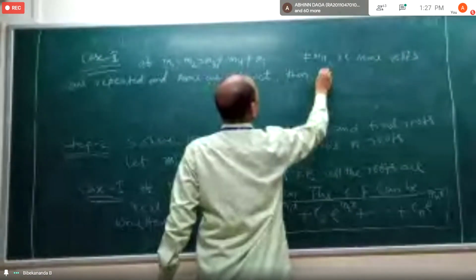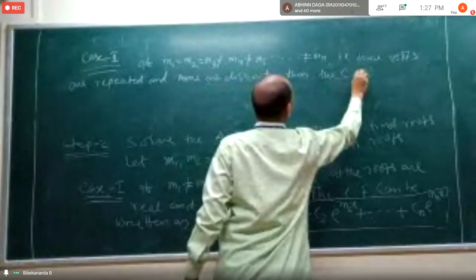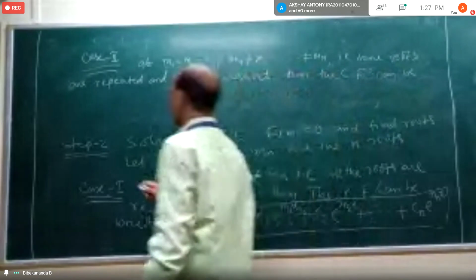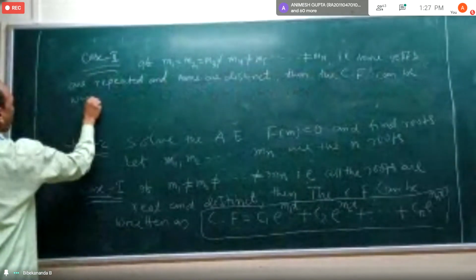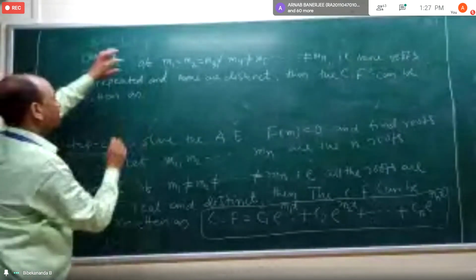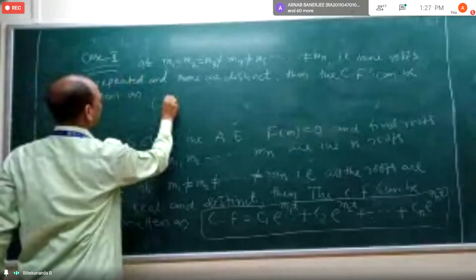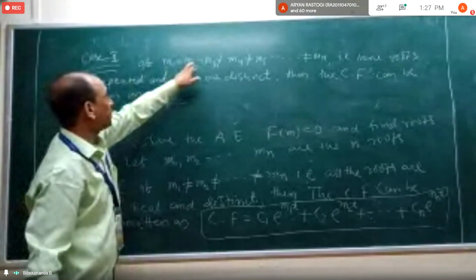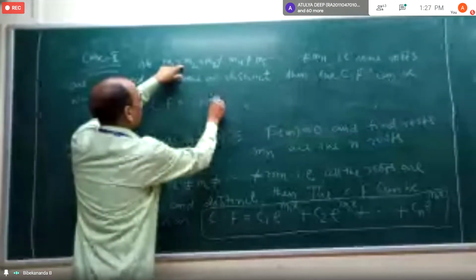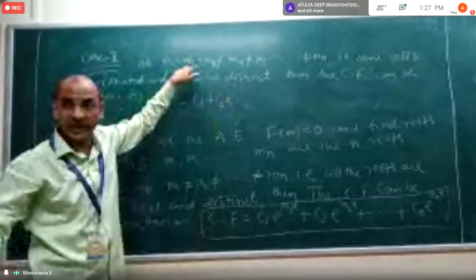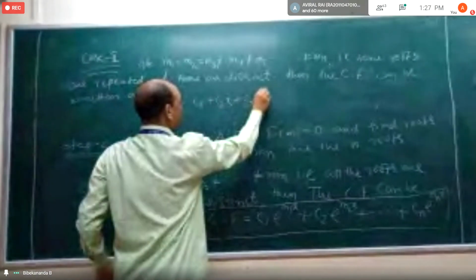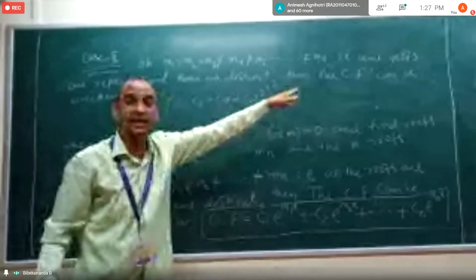Then the complementary function can be written as, for the repeated part, if it is repeating 3 times, you write C1 first, then plus C2 into X for the second thing, and for the third thing, you write C3 X squared. That means the degree of X will increase.